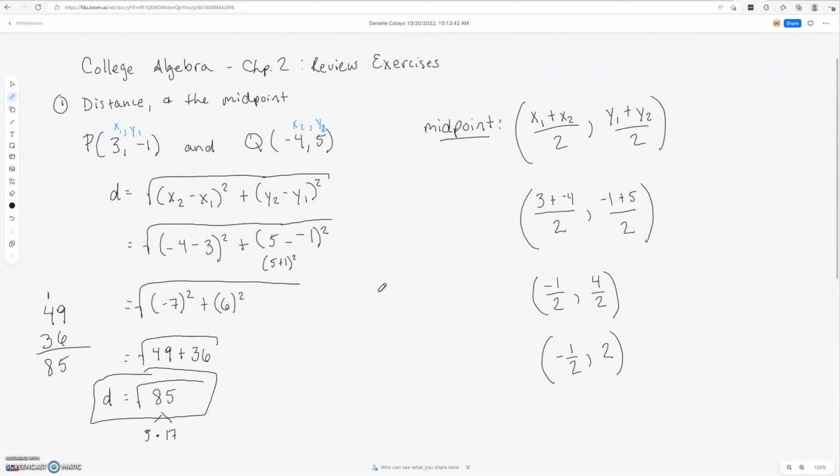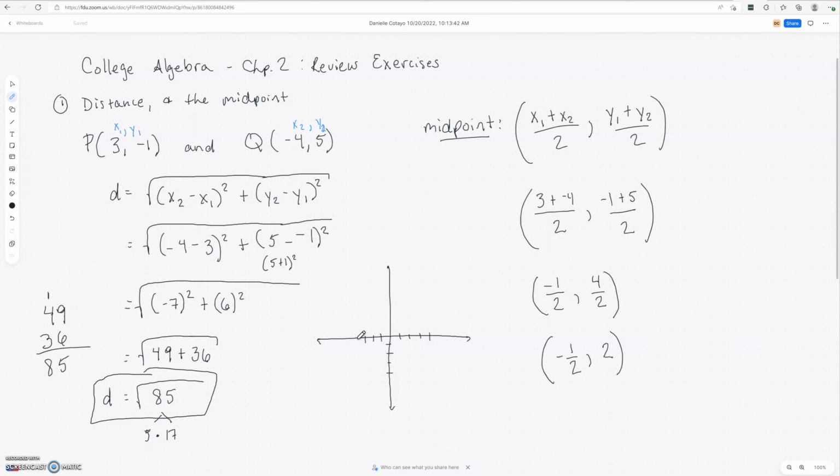Okay. And if you were to draw these on a graph, you could see that.